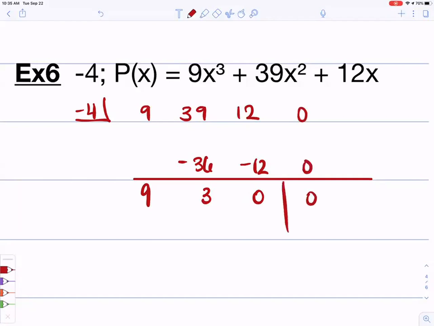Because the last two numbers are the same, I would still get the same answer. But that's not always going to work like that. So this time it would have worked in your favor, but that's not always going to be the case. Okay? So we would say that yes, negative 4 is a 0 for this polynomial.